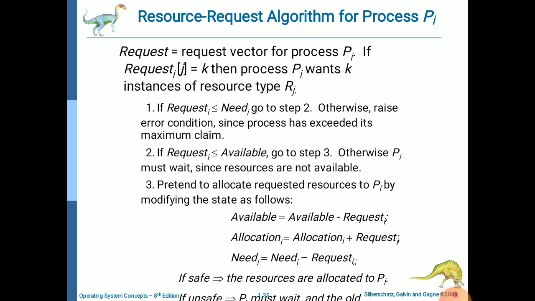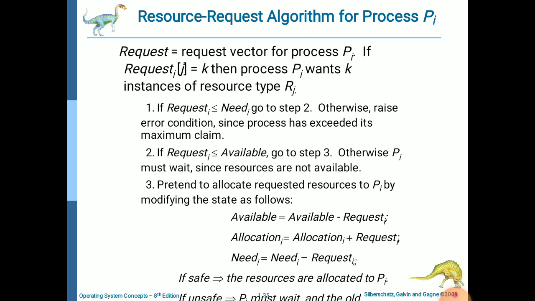If Request i is less than or equal to Need i, go to step 2. Otherwise, its request is exceeding its maximum claim. So if the request of process Pi is less than its need, then go to step 2.